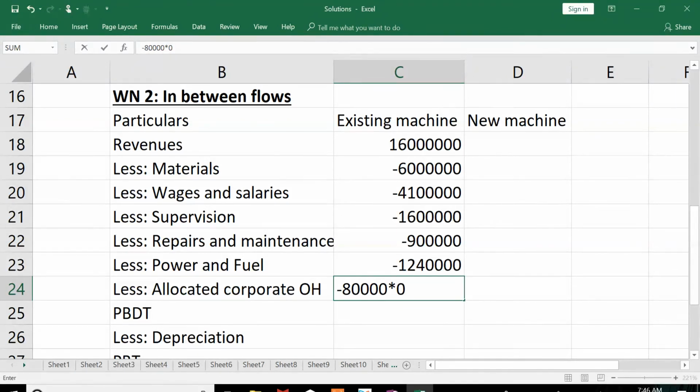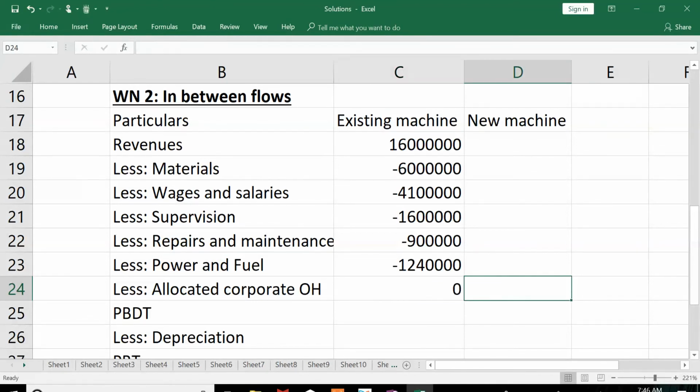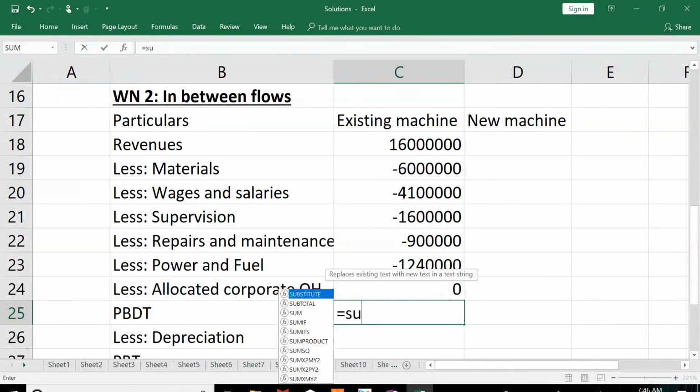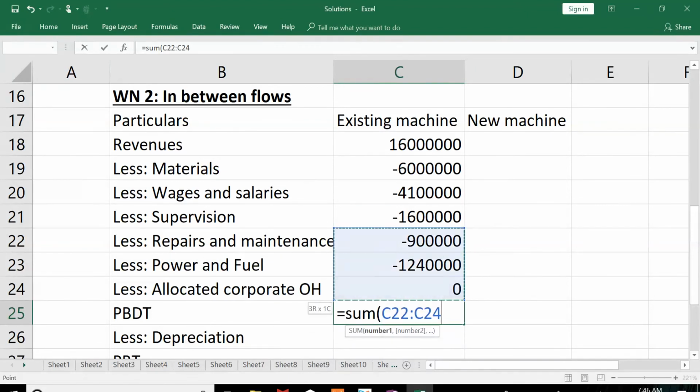Again, in the initial rule I had said general overheads, corporate overheads, allocated, apportioned have to be ignored. I have already explained this. It is 0. If you have made a mistake, correct with a different pen. 80,000 into 0. In short, you have to ignore this item. Be it 80,000 units or 1 lakh units, it doesn't make a difference.